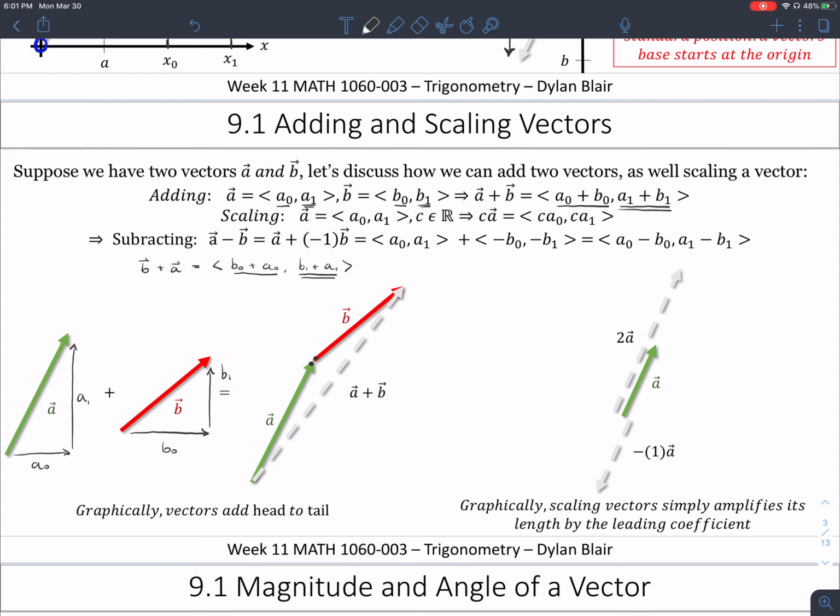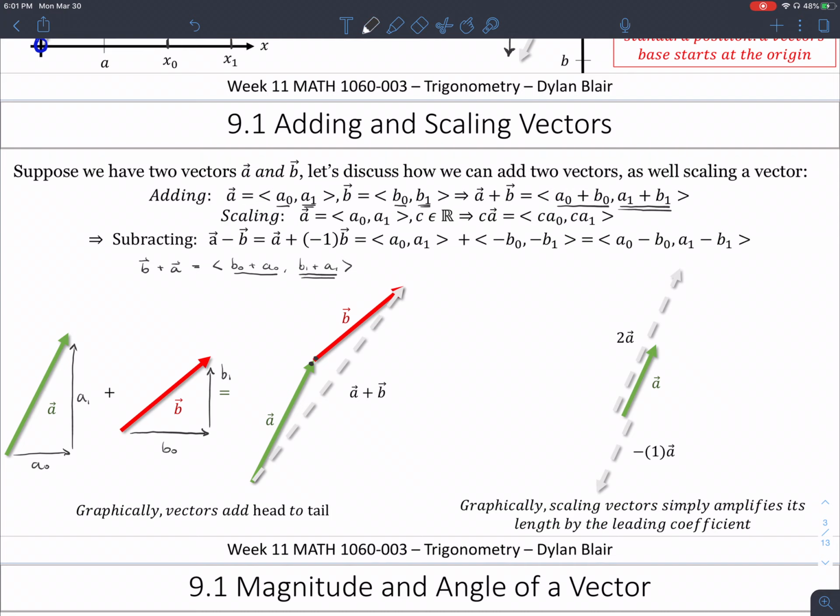So we're adding head to tail. What this means is that we're going to take the result from the base of the first vector to the head of the second vector. So we're basically following this path and finding that direct distance from that path.